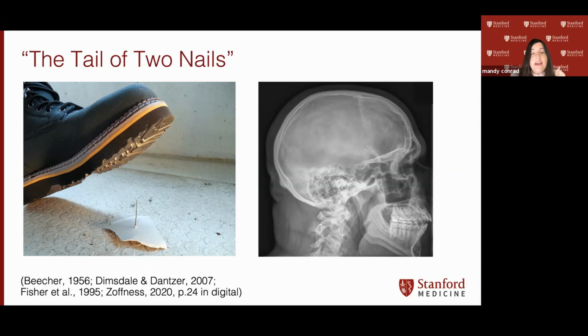In this other example that I cite here, Beecher, 1956, these were researchers back in the 50s who were examining World War II veterans. And he noticed that people with very serious injury or illness, the type of pain that they felt didn't necessarily match the injury.